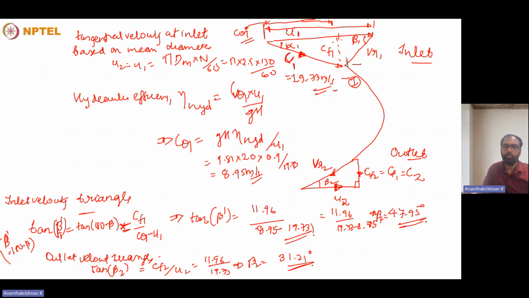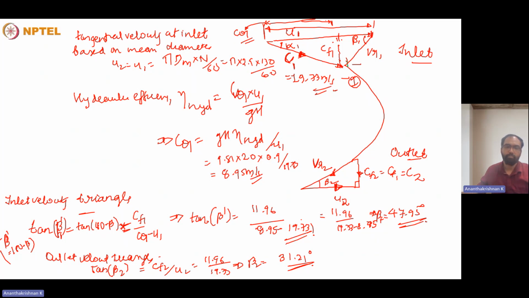The difference between U1 and C theta 1 will be this horizontal component, this much, and this one will be the vertical component CF1. And using these two parameters, we can calculate the value of the blade angle at the inlet, and that blade angle will be in a different direction. And correspondingly at the outlet, the velocity triangle will appear like this. So this is one way in which we can modify our velocity triangle based on the results that we get from the problem.